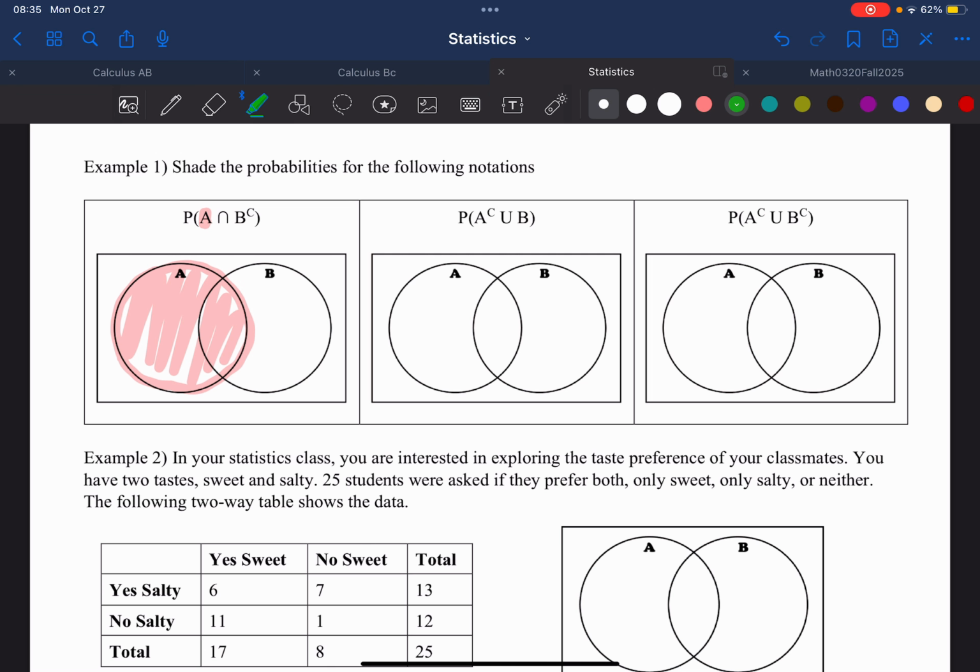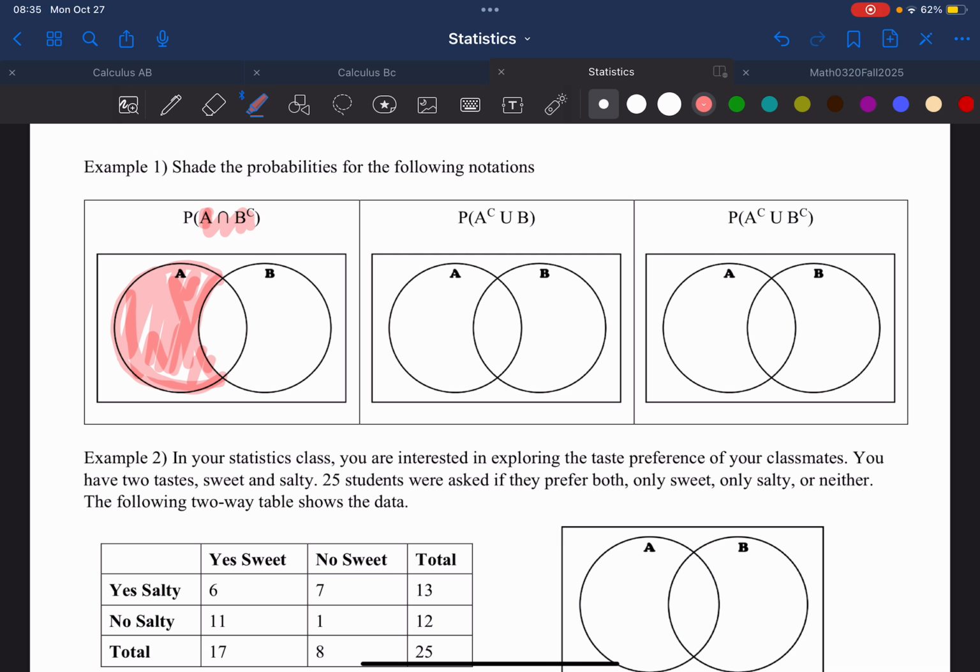Notice when I shaded A, I still have a part of B in there. So technically, the probability of A intersection B complement is only going to be the probability of A without that overlap of B.